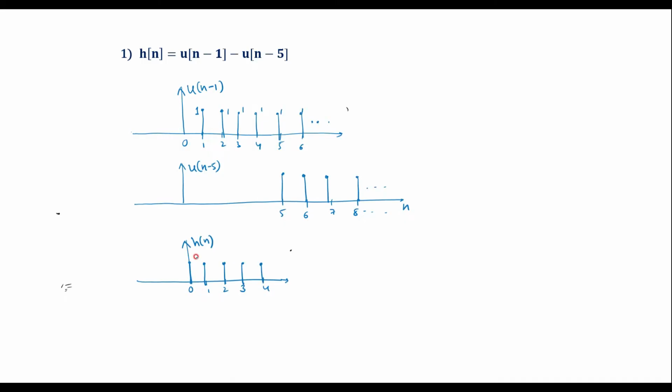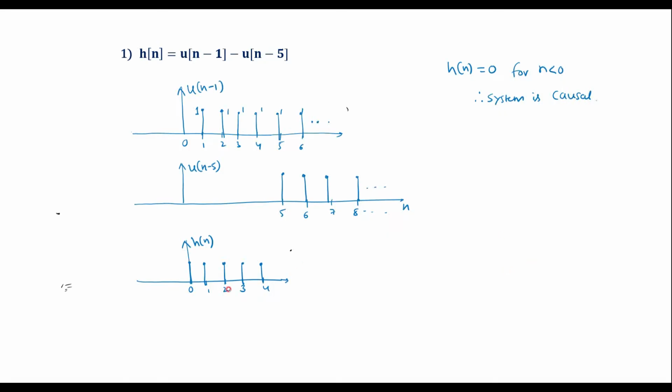Now we'll check whether the impulse response is stable or causal. Here we can see that h of n value is equal to 0 for n less than 0. Therefore, the system is causal.